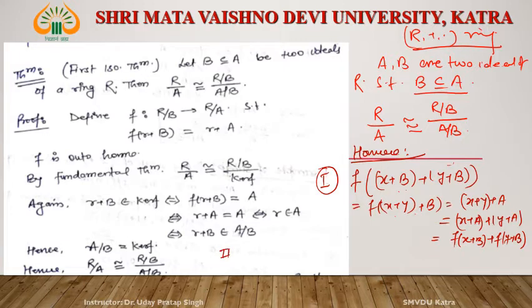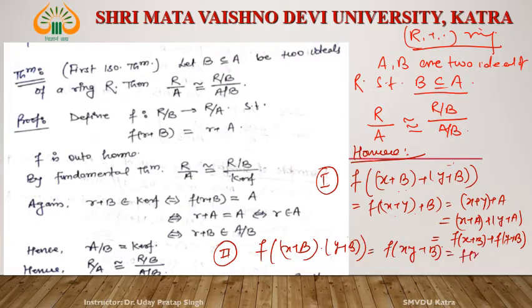And similarly, f of (x + B) into (y + B) is equal to f of (xy + B) is equal to xy + A is equal to (x + A) into (y + A) is equal to f of (x + B) into f of (y + B). Okay, from first and second, this f is a homomorphism.